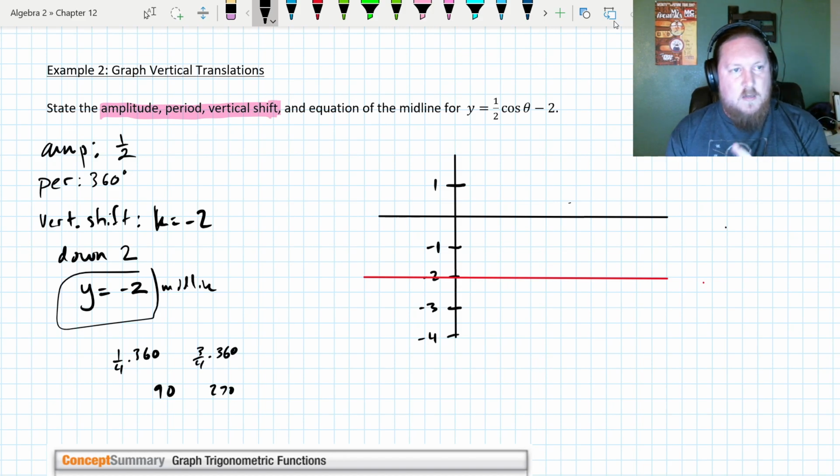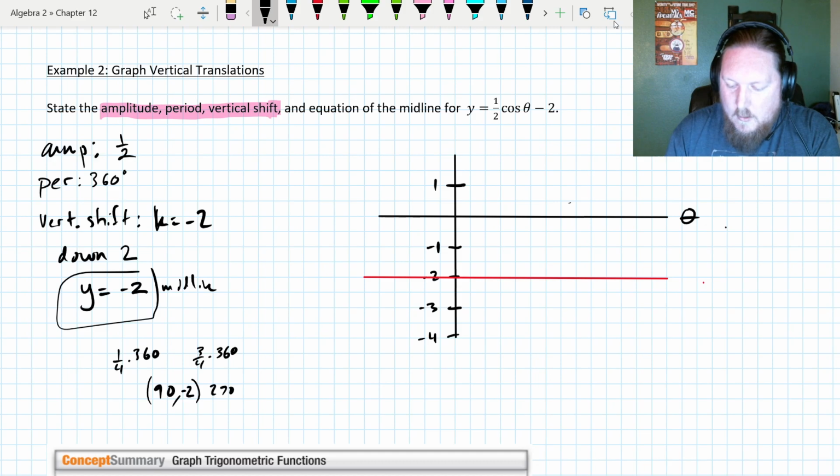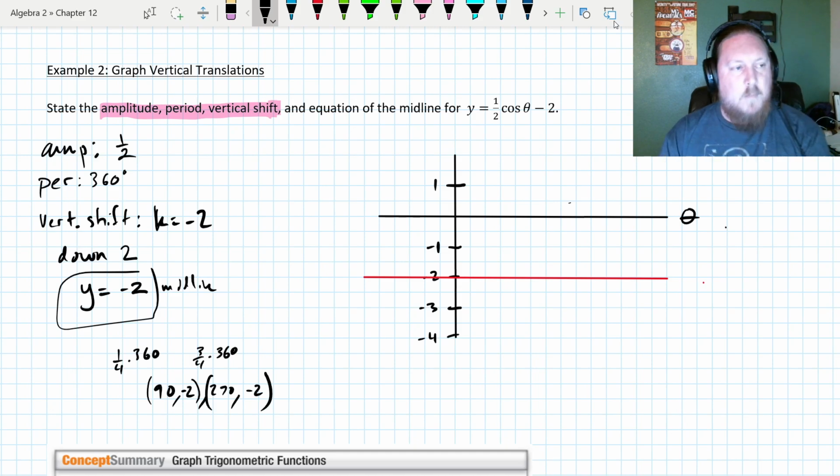So here's what changes this time. Instead of a phase shift adjusting the input coordinates, or the theta coordinates, I'm going to adjust the y coordinates. So before it would be 90, 0, but now I want 90, -2. And before it would be 270, 0, now I want 270, -2. All right.